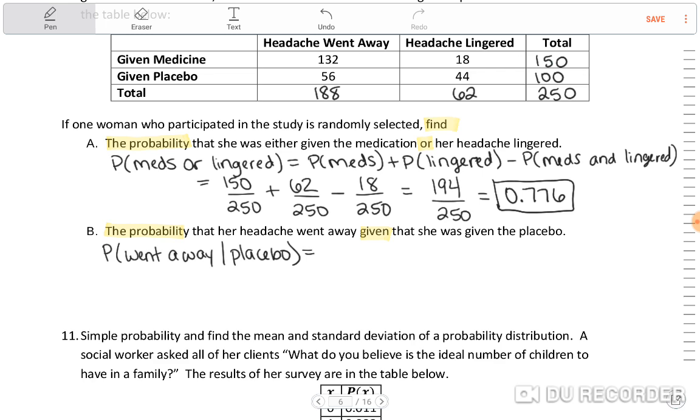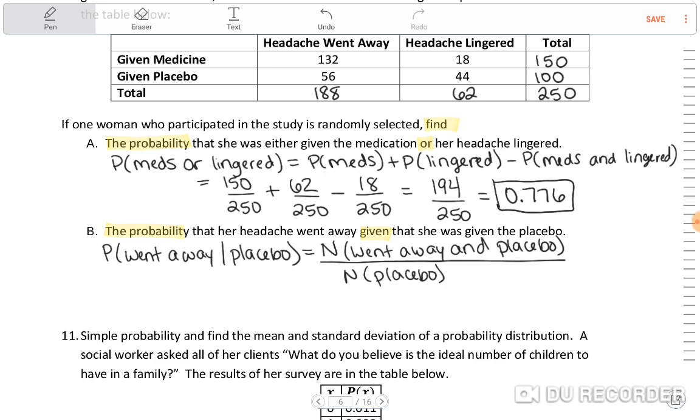Now, if you're given actual probabilities, then you'd want to go ahead and use the one that's on the formula sheet that says P of. The only difference for what I'm telling you is that it's an N instead of a P. So I'm going to go ahead and write the N here. Just know that this means number of items in this category instead of the probability of. And I can show you both, but this is probably the easiest way. So the number of people that had headaches went away, and they took the placebo, divided by the number that took the placebo.